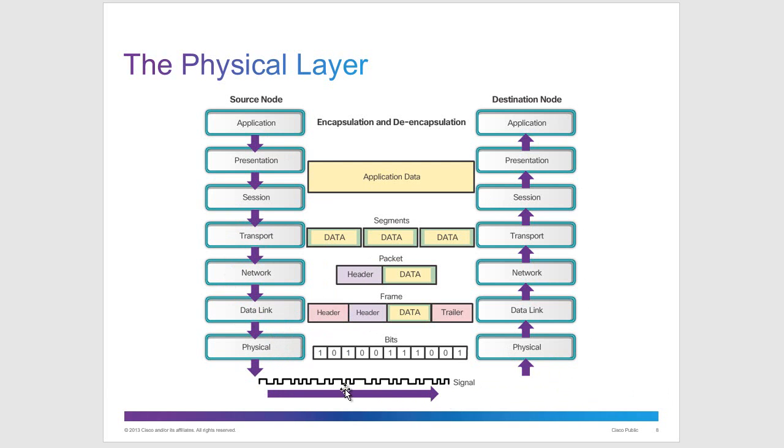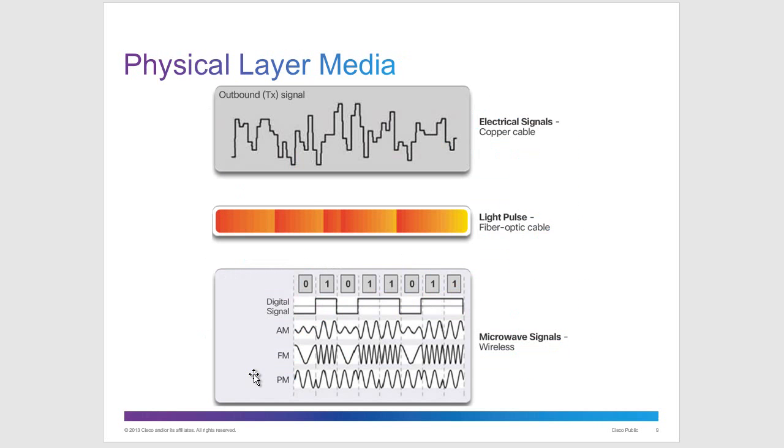So that's what the physical layer is doing, turning that frame into bits and sending it along whatever media we have in use. That media could be copper cabling, it could be fiber optic, it could be wireless microwave signals. So that's kind of how you can tell what's a 1 and what's a 0 when you're using these signals.